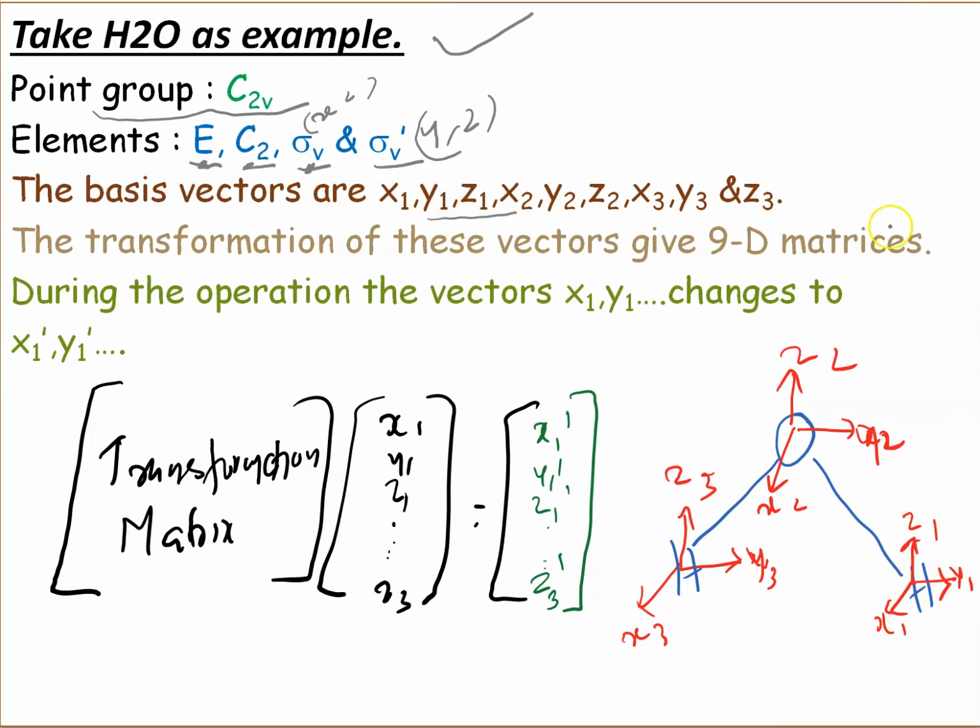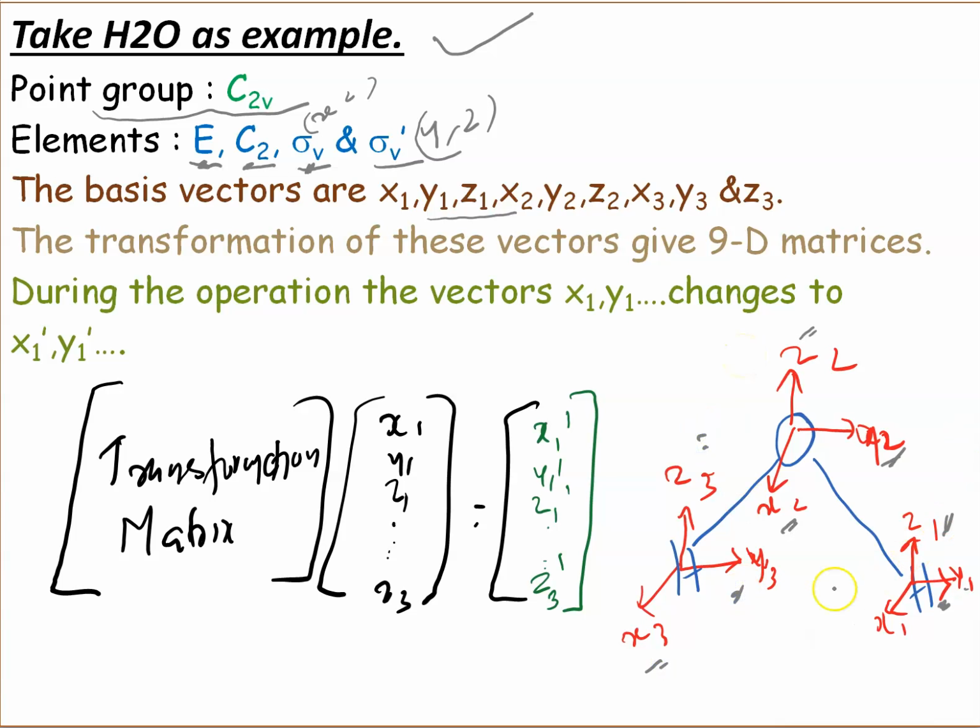This is x1, y1, z1 for this hydrogen, and this is oxygen, x2, y2, z2, and for the other hydrogen x3, y3, z3.